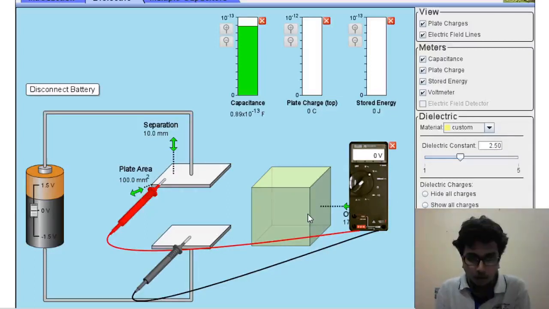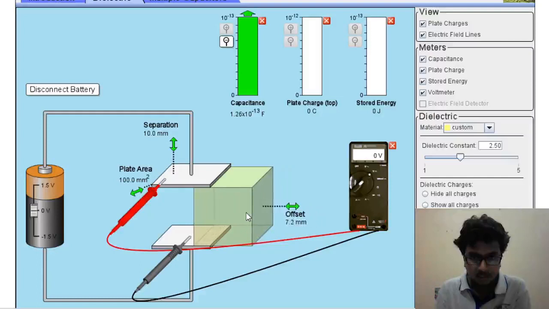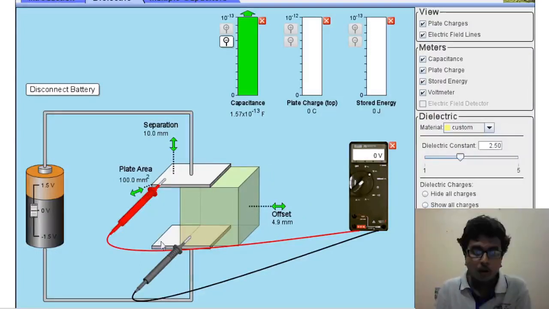Now when we move the dielectric inside the capacitor, you can see the capacitance changes. Now what's the relationship between the capacitance and the distance x up to which the dielectric is inserted?